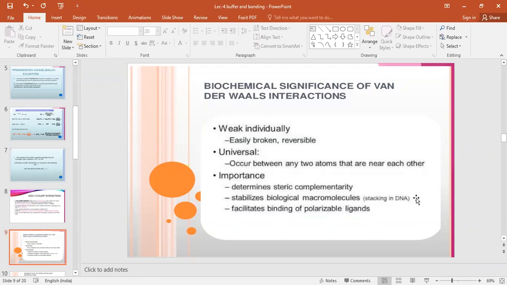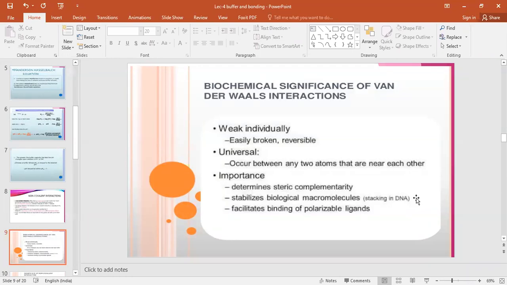Individually each interaction system is very weak, but when you collect all these types of bonding with each other, then it is a strong bond. Individually you can easily break that bond and easily reverse that bonding system.